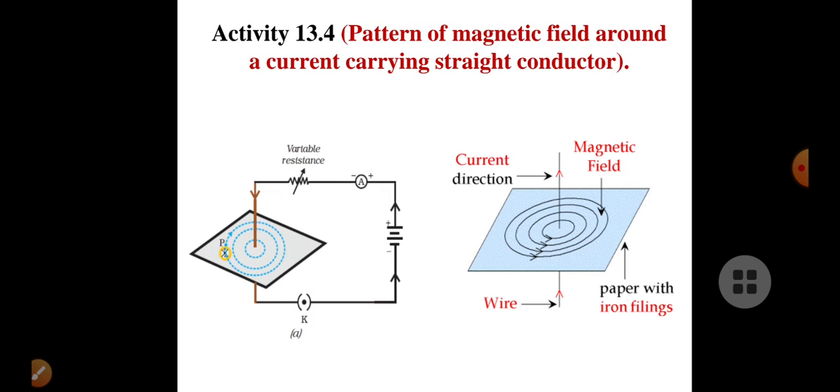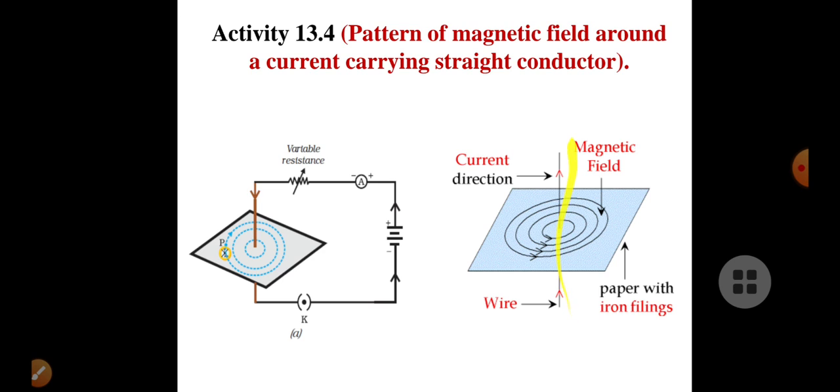So let us discuss this again. Now you can see this is the direction of current and it is downward. According to the rule we discussed, the magnetic field lines should be in the clockwise direction. You can see this arrow is in the clockwise direction; according to this we have to put the arrow.